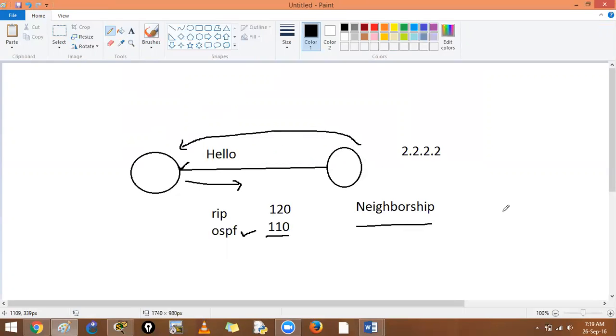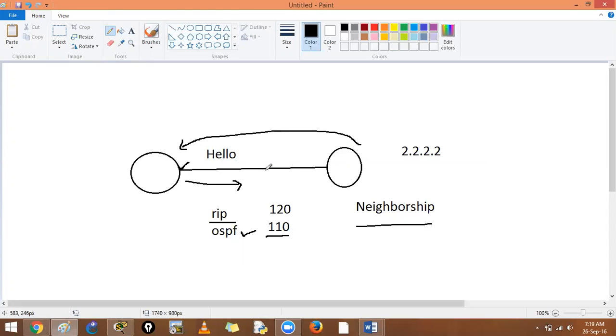Getting the point? Yeah. So if I say I use RIP, what will RIP do? RIP will send out its whole routing table after every 30 seconds. But OSPF is not like that. Initially, they will exchange their whole database. There is a master slave election that will happen, and they will exchange the database.